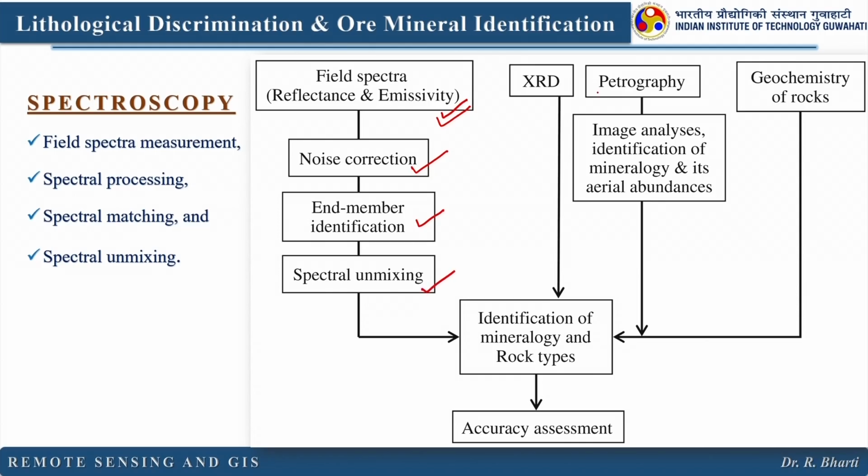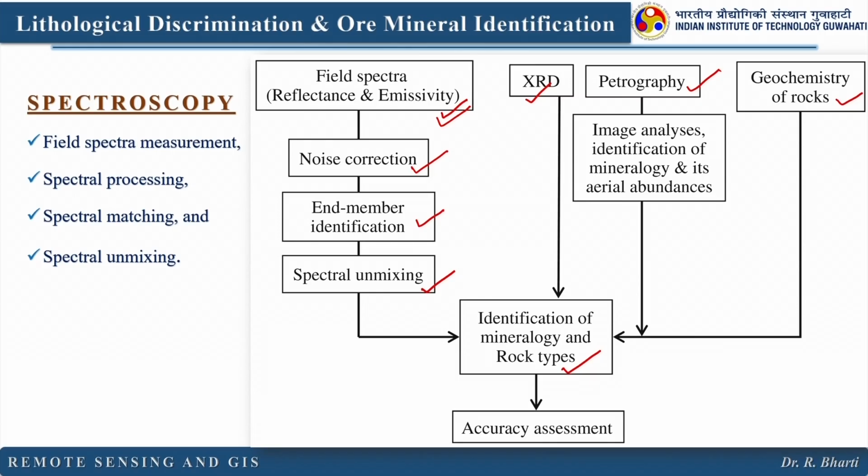At the same time, the field samples were analyzed with XRD, and then mineralogy and rock types were identified. Similarly, petrography and geochemistry of rocks were used to verify the results, because here we need to establish a method which can be used for the direct identification of ore minerals or lithological discrimination.